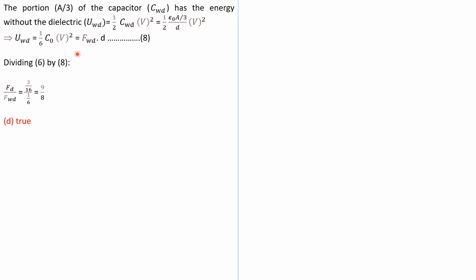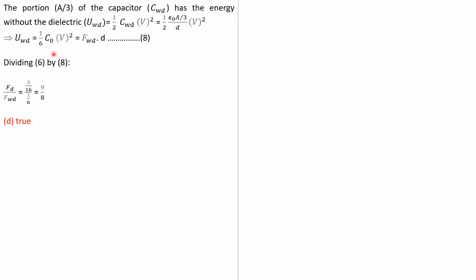With V square, we get 1 by 6 C naught V square. And we can write the force without dielectric into D. So this is the work done when there was no dielectric on the capacitor having the area A by 3.